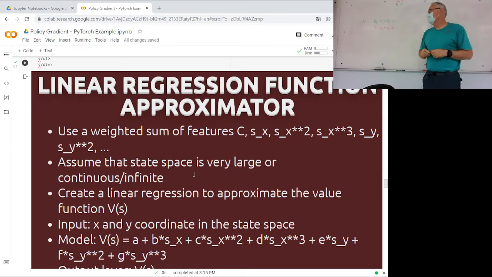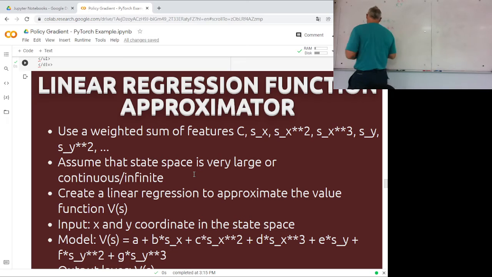So now it's a supervised learning problem, right? So now I give you a set of coordinates.